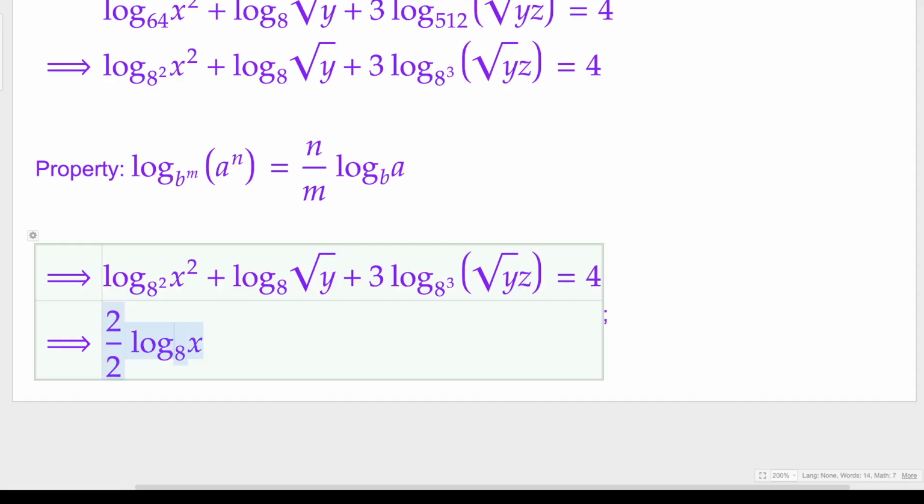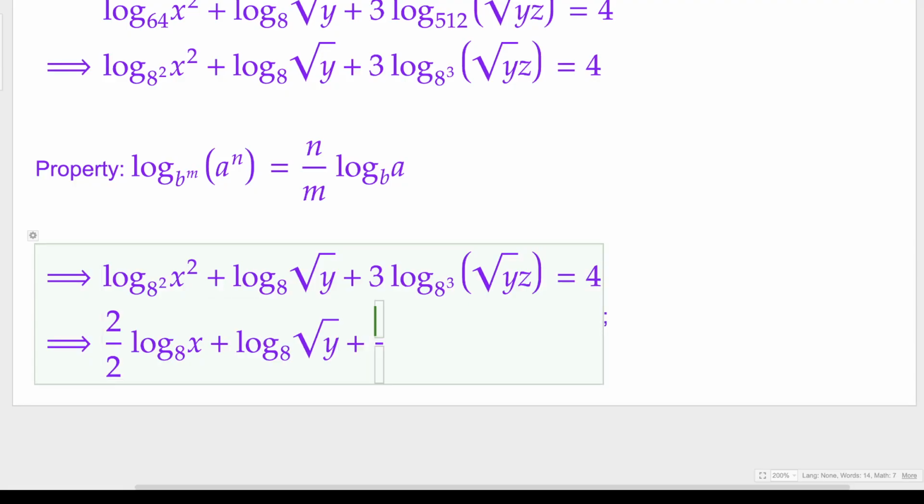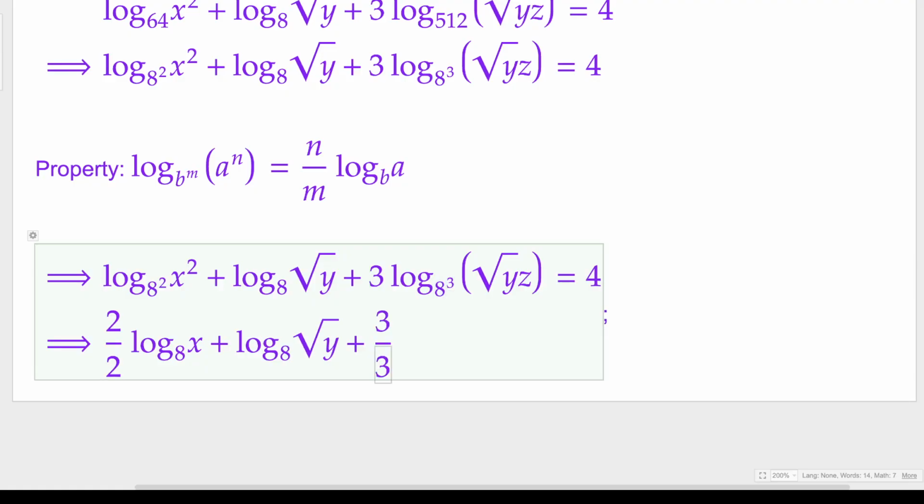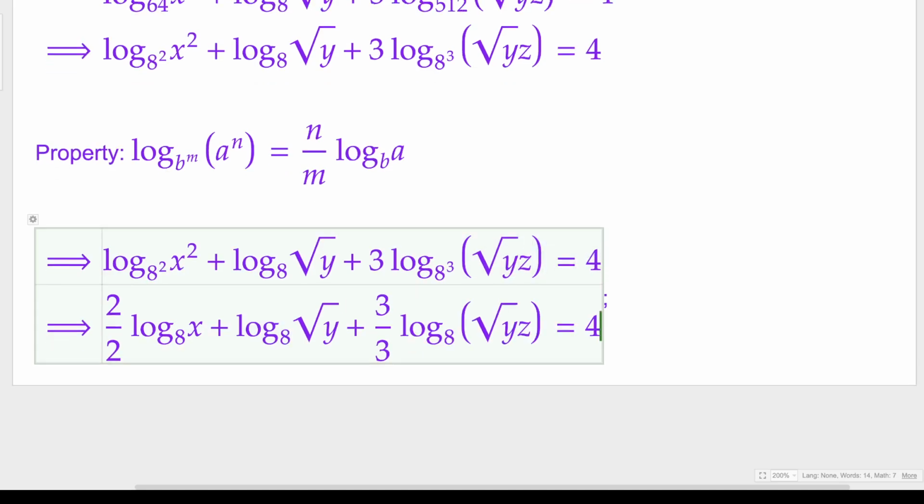Similarly, for this one, here we have y to the power 1 by 2, right? So in this case, I'll keep it as it is so that my base remains the same. I'll not change anything here, right? Now with respect to this one, I have 3 already here, and from this 8 to the power 3, this 3 jumps out here, and this can be written as log base 8, and in the argument I can write square root of y times z, and this will be equal to 4.